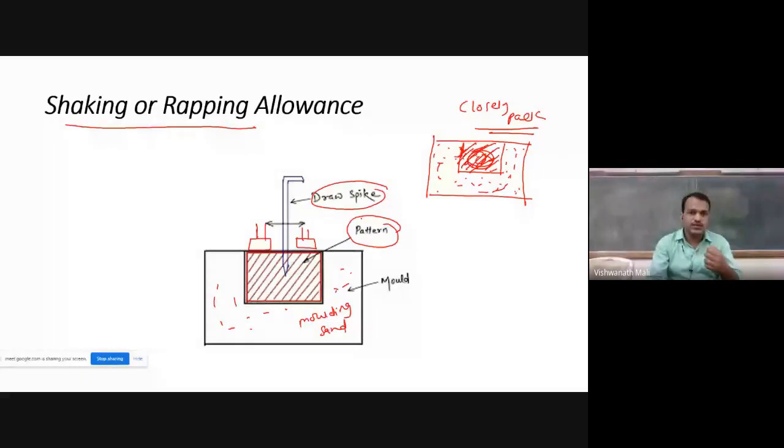To remove that, we first hammer slowly, gently. So it depends on the person, that's why fixed dimensions are not given. Generally, we consider 1 or 2 mm wrapping allowance. We hammer it, it gets loose from the molding sand, and then we remove the draw spike.